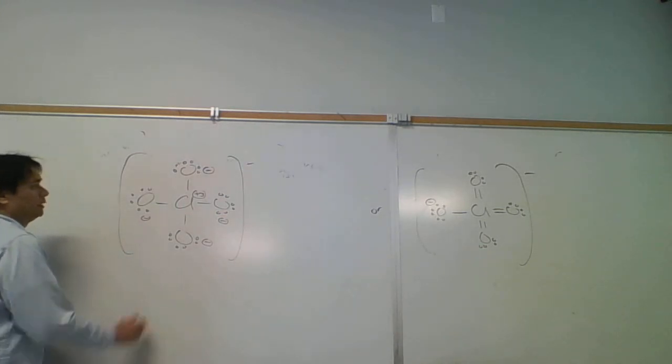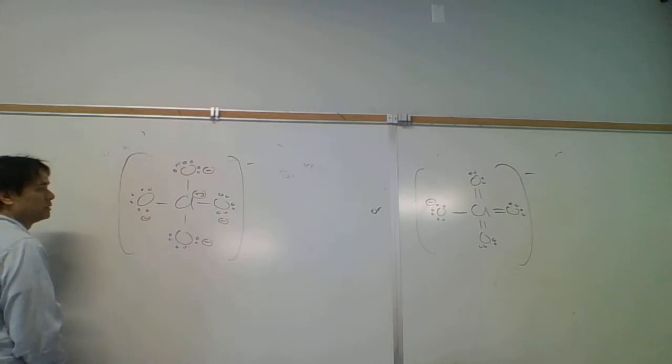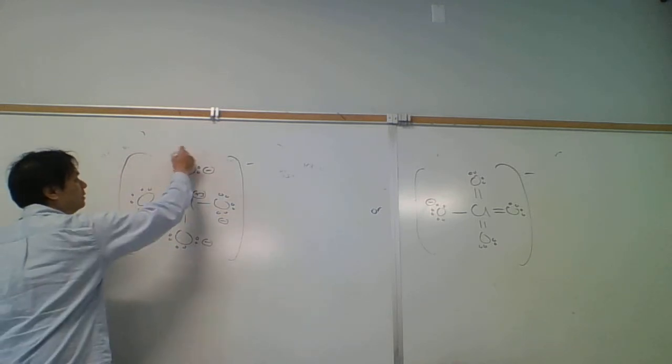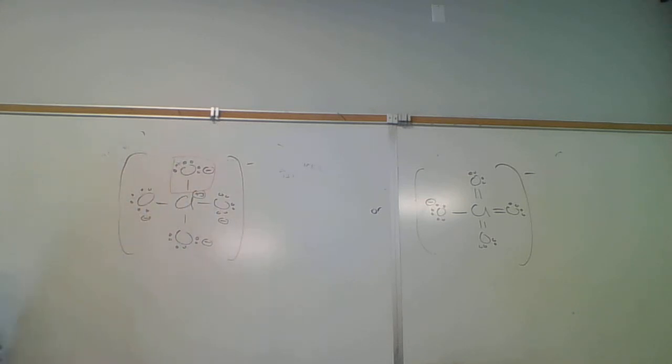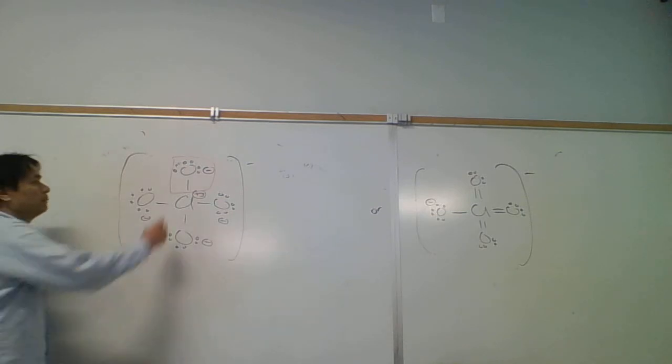So, in this case, chlorine versus oxygen, who wins? Oxygen. Oxygen gets all 8 electrons. What is its oxidation state? Yeah, -2.